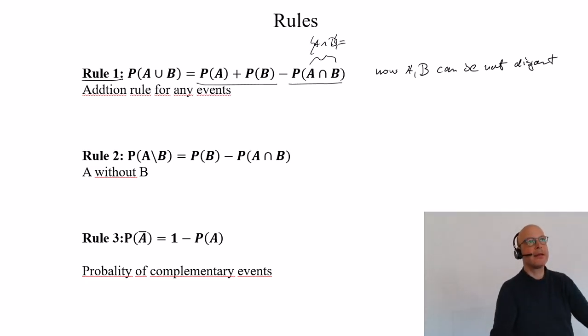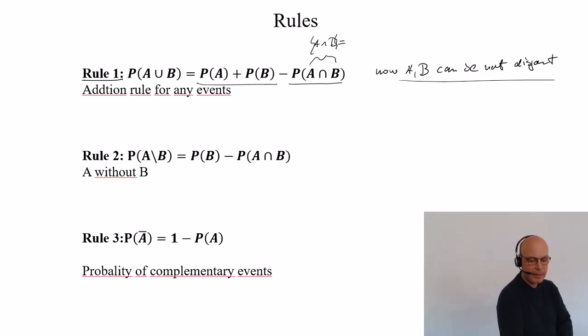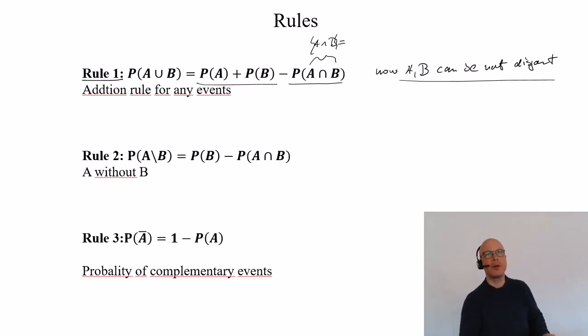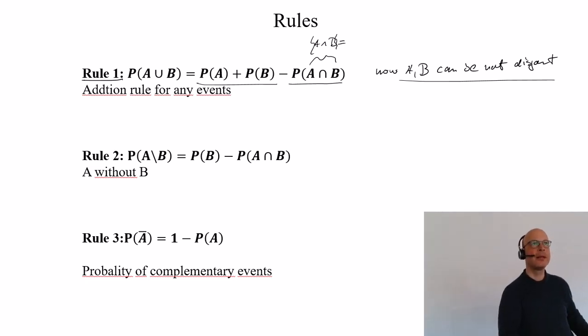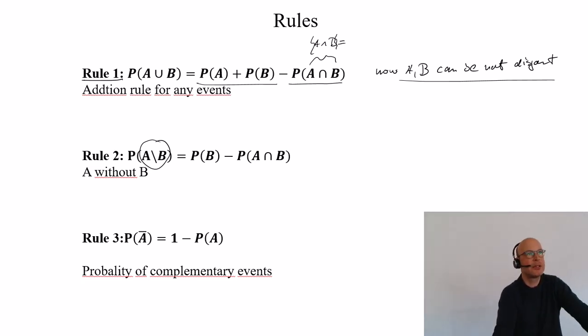And then, if these two events are not disjoint, then we can also ask the question, well, what is then the probability that A happens but not B? And this is written with this backslash. So probability A without B. So A happens, but B should not happen.